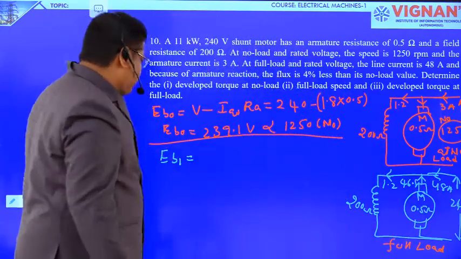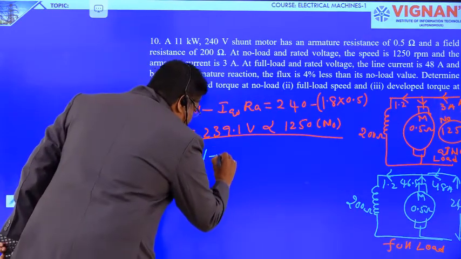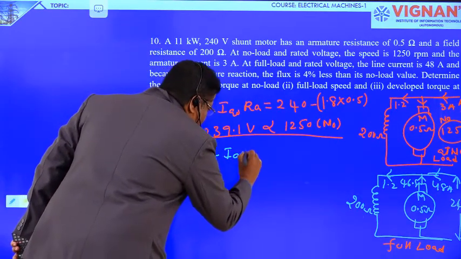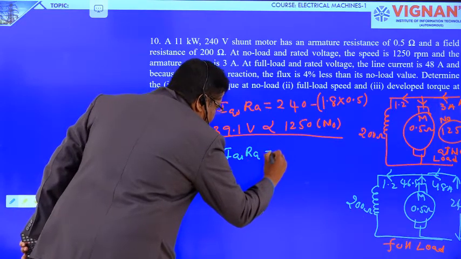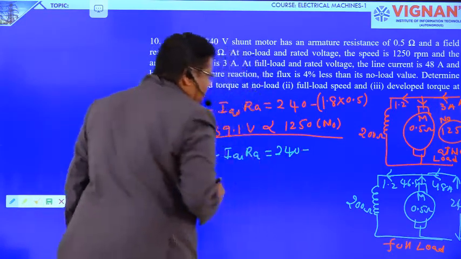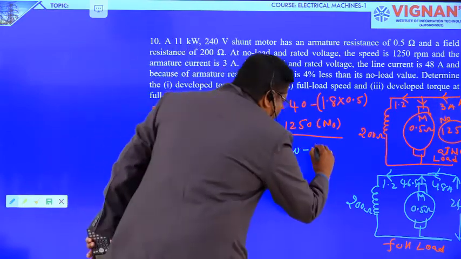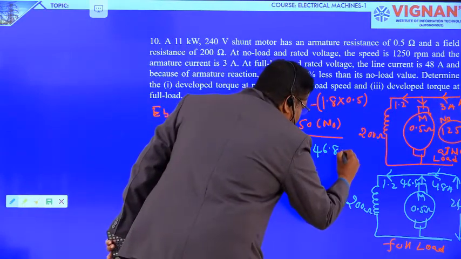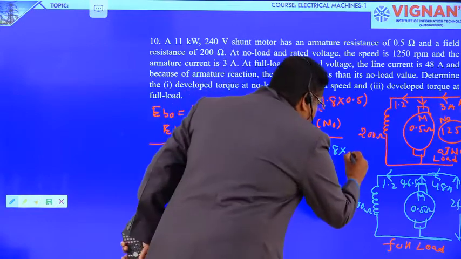Now E_b1 equals input voltage minus I_a1 R_a, nothing but 240 minus 46.8 into R_a 0.5.